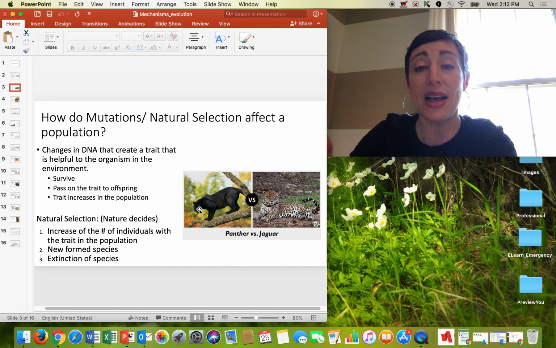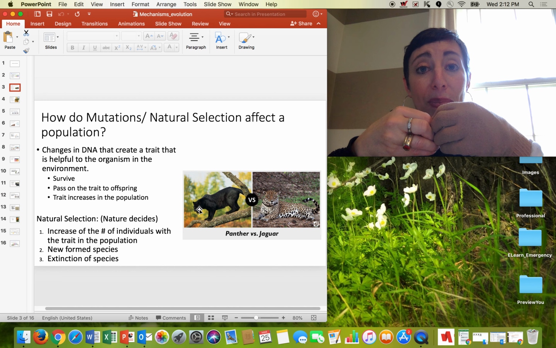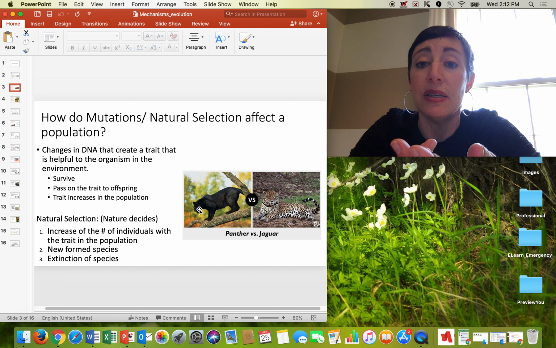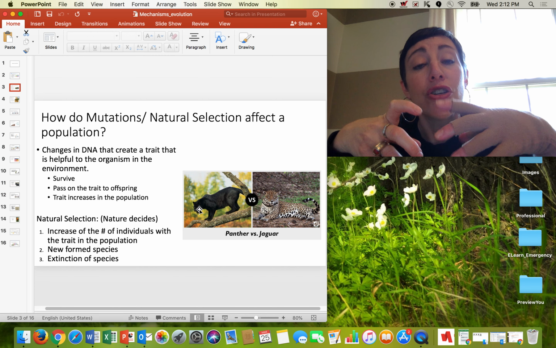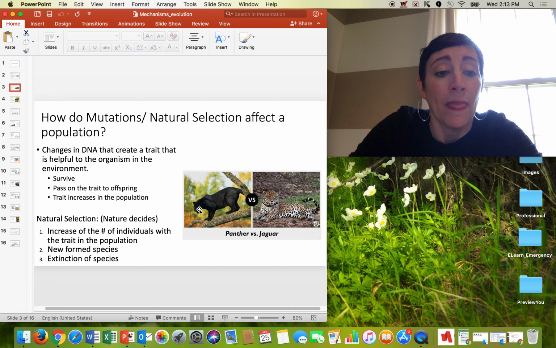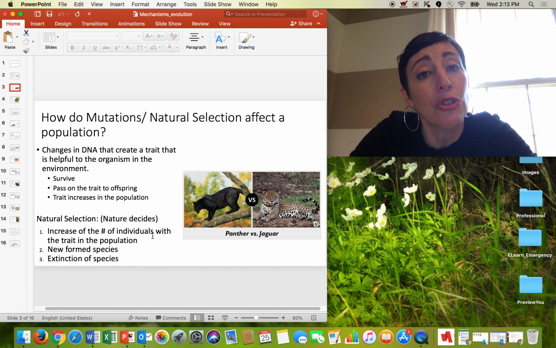Okay, so that's sort of a combination of mutations that happen randomly and then natural selection, this idea that nature chooses the adaptations that are best. So again, in natural selection, we're going to see an increase in the number of individuals with a helpful trait.